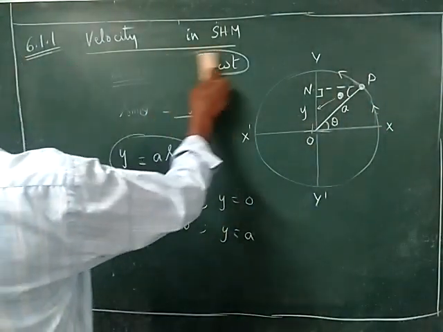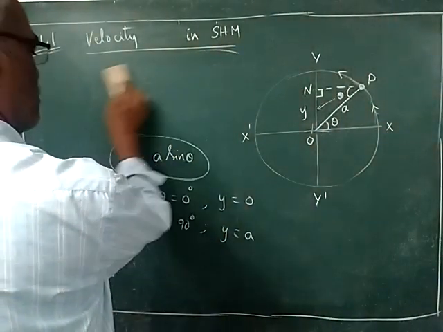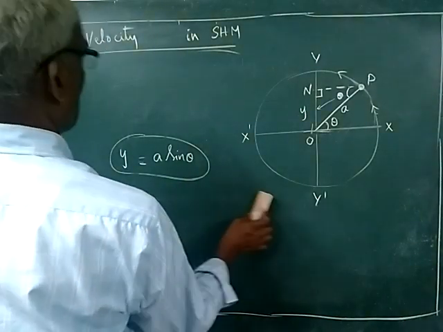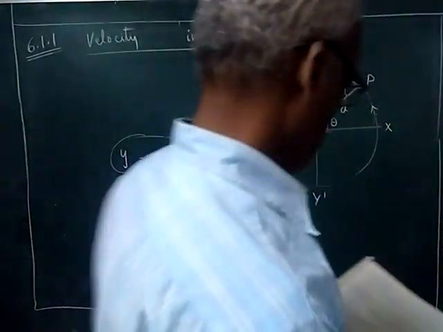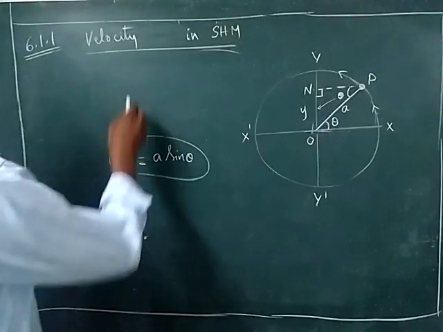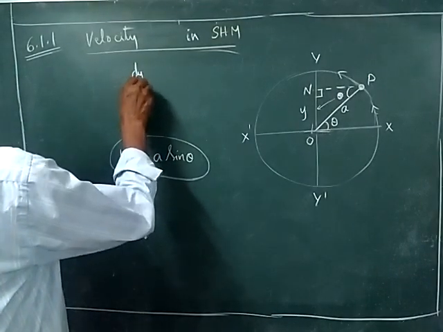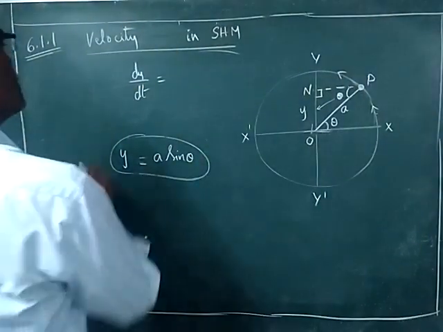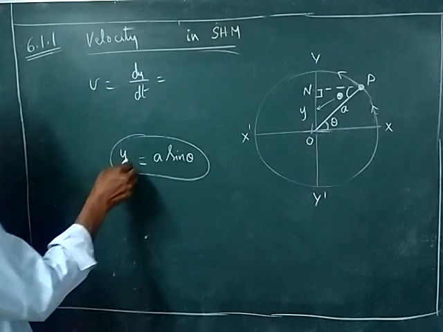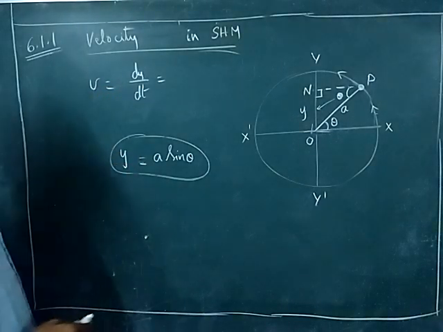Now in this we are going to see about velocity in simple harmonic motion. So dy by dt is nothing but velocity, because y is the distance.